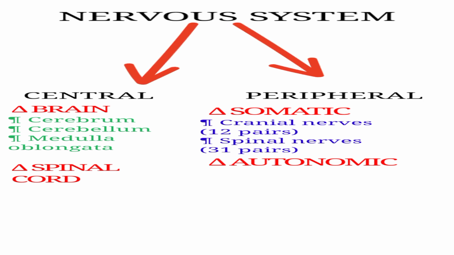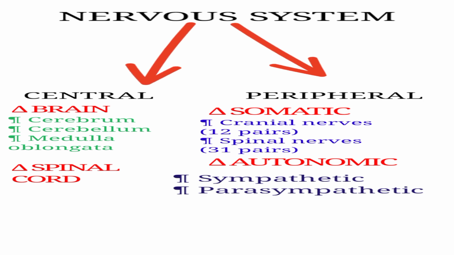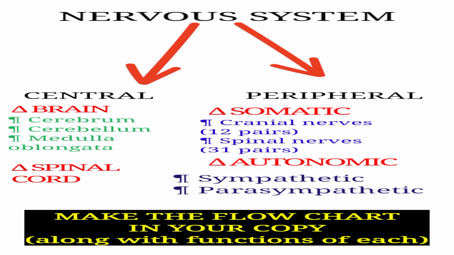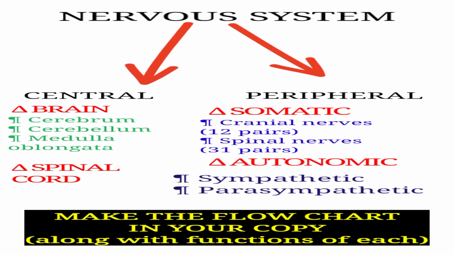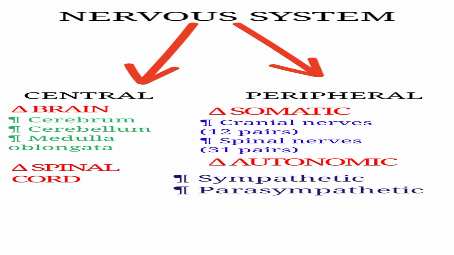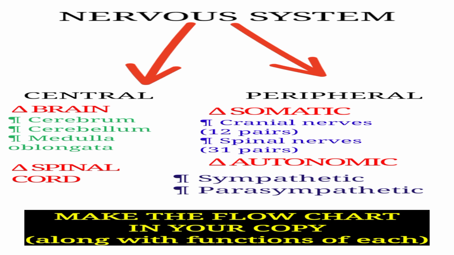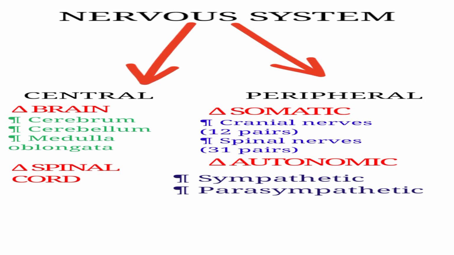And the autonomic nervous system is again divided into sympathetic and parasympathetic. Sympathetic is associated with the neck region to the waist region, and parasympathetic is associated with above the neck and below the waist. Sympathetic is associated with stimulation, increasing the heartbeat, pupil dilation, etc. But parasympathetic is associated with relaxation. So this is all about the nervous system at a glance.